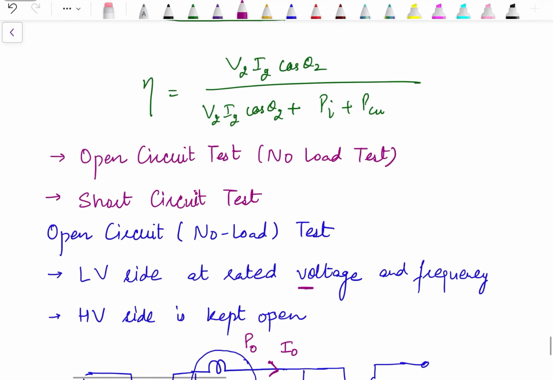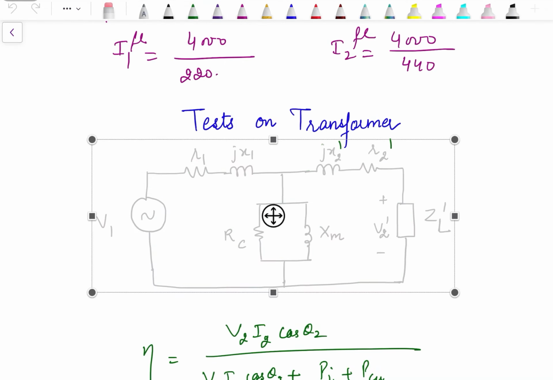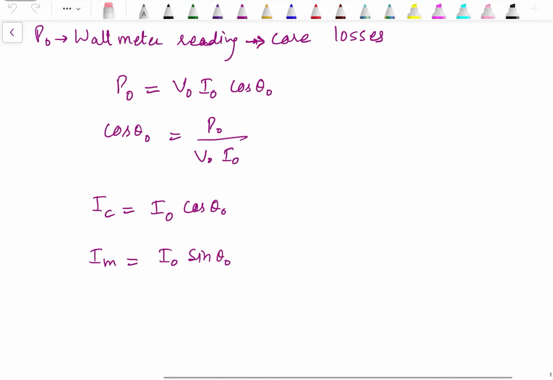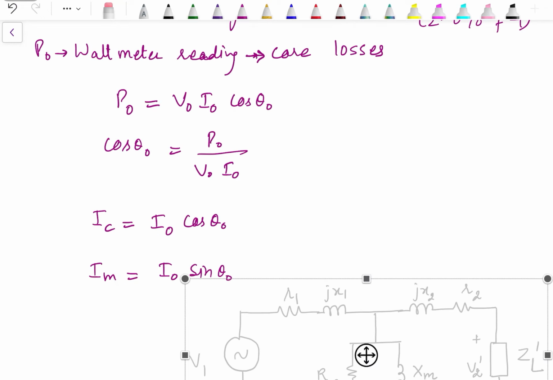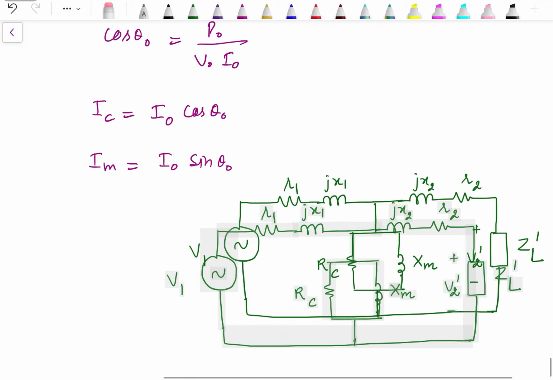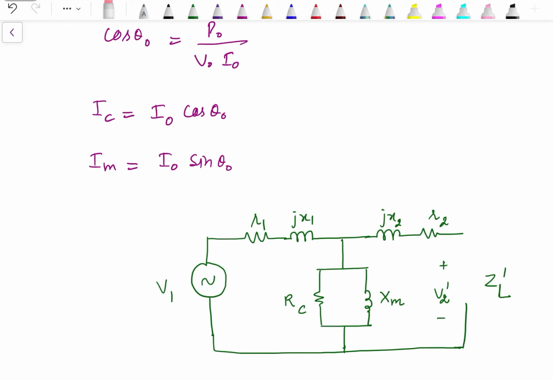Now, if we look at the equivalent circuit, this is the equivalent circuit. The current which is flowing at open circuit, if I just redraw this equivalent circuit over here, on the secondary side there is no load. We don't have any load on the secondary side.